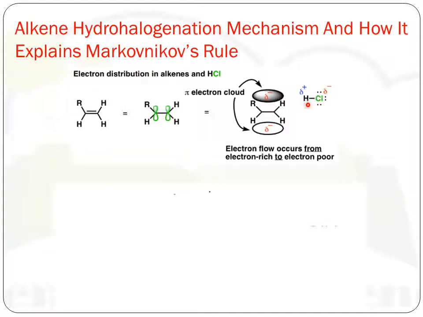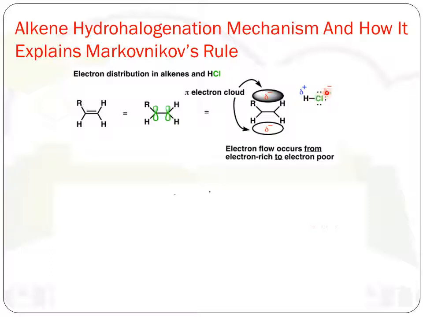In the reagent HCl, we know that Cl belongs to group 17 in the periodic table, that is, a halogen, and halogens are the most electronegative atoms in the periodic table. Electronegativity means the tendency to pull a shared pair of electrons towards itself. That means this chlorine is pulling the shared pair of electrons from this bond.